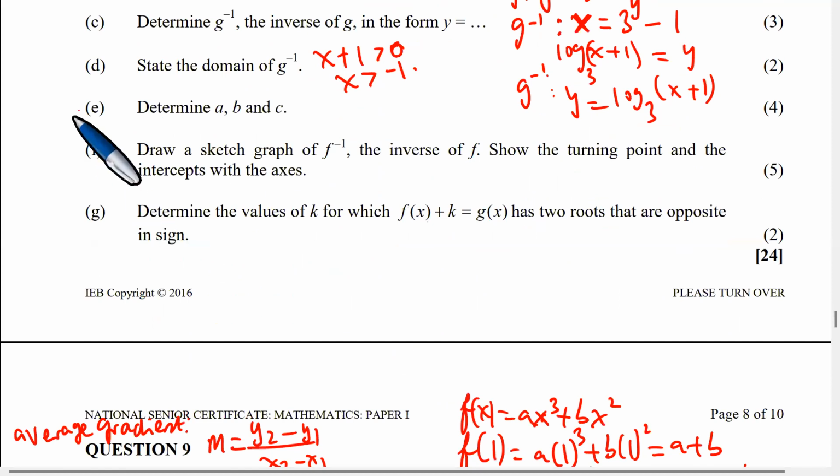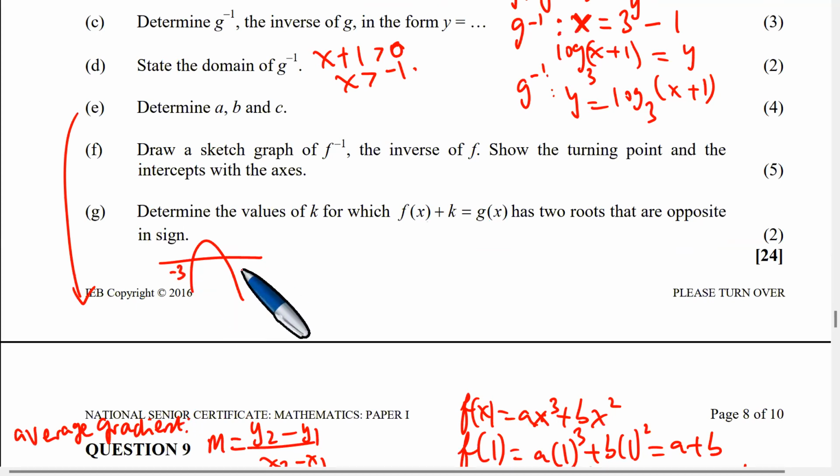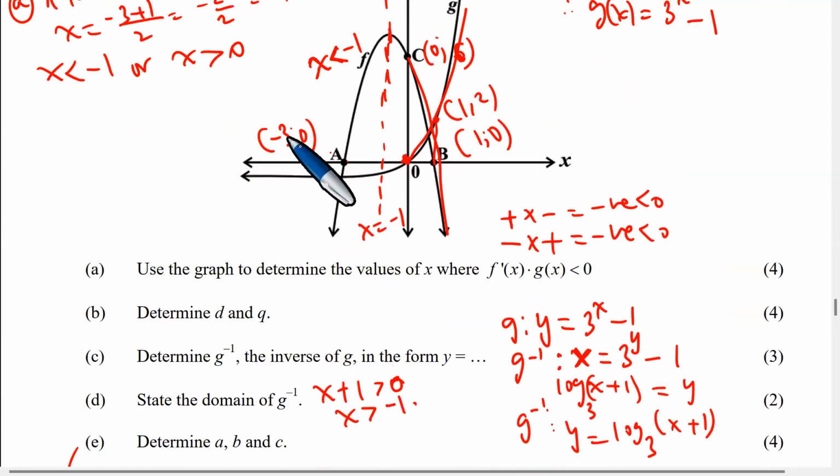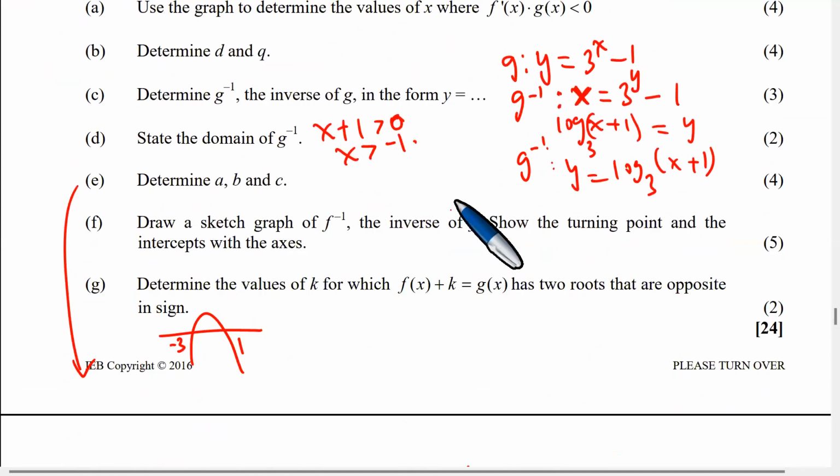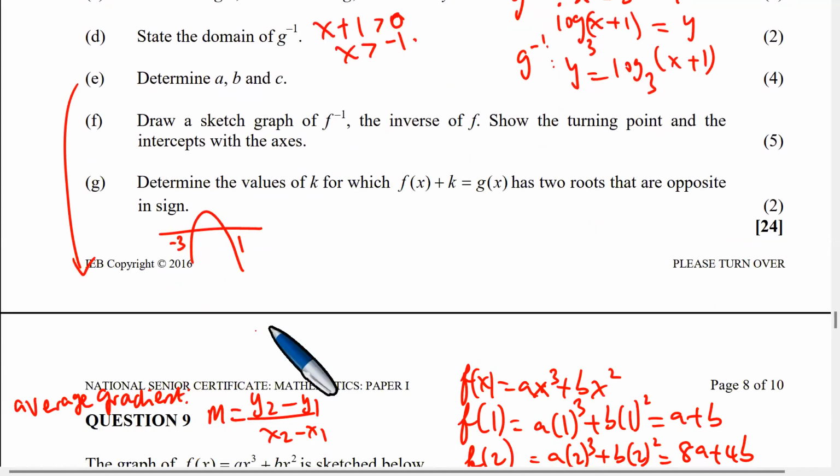When you look at the parabola here, the graph is like this and you have minus 3 and 1. So you use the formula. There are many ways to do that. You can use this one.